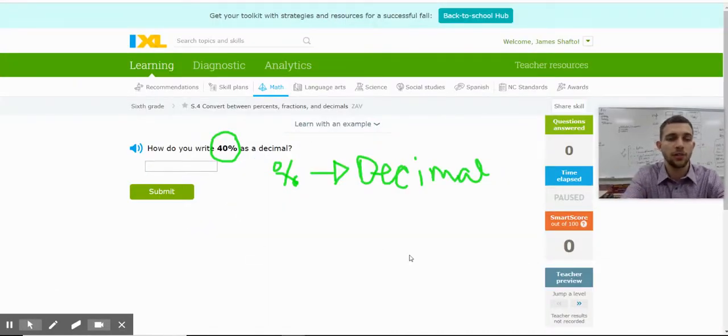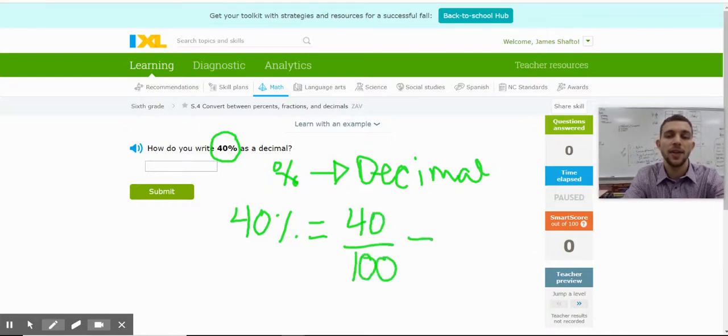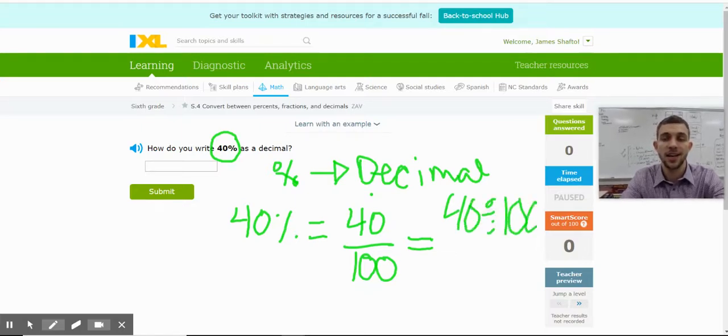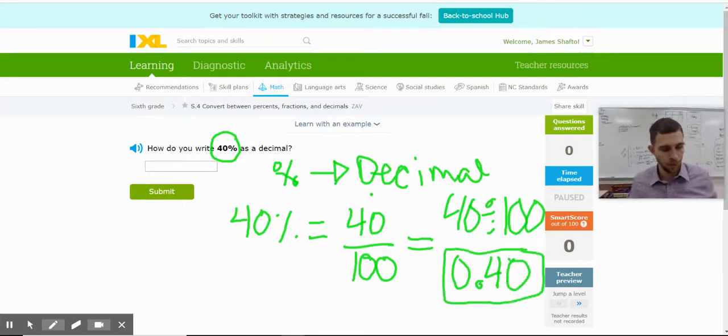So we're taking 40%, and then I go to a fraction, that's 40 over 100, and then I go to the decimal by dividing: 40 divided by 100. You should know this already because it's the hundredths place. So I should have 0.40 or 0.4.